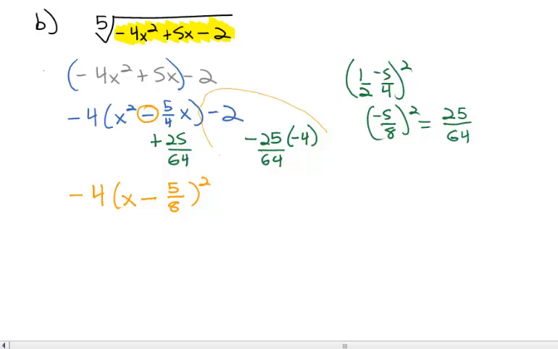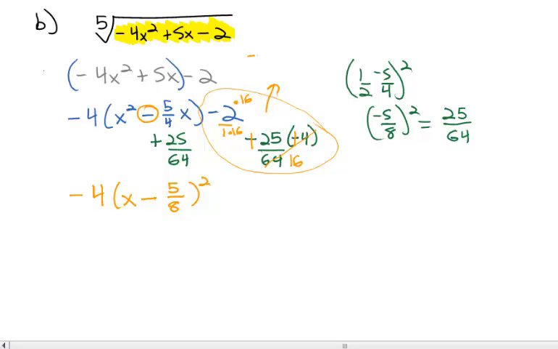And then we have this mess to deal with. One thing I notice is a negative times a negative is a positive, so now we're actually adding at the end. And 4 over 64 reduces to a 16 in the denominator. 2 is currently over 1, so the common denominator is 16. We will multiply by 16, top and bottom.